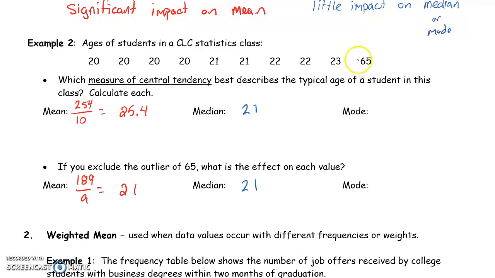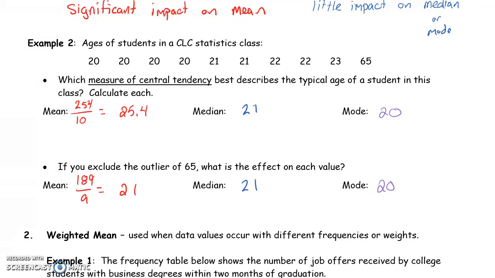Whether I have the 65 in or out of the data set, the median doesn't change. My median is going to be 21 years old in either case. So the outlier has absolutely no impact on the median in this example. And similarly, it has no impact on the mode.